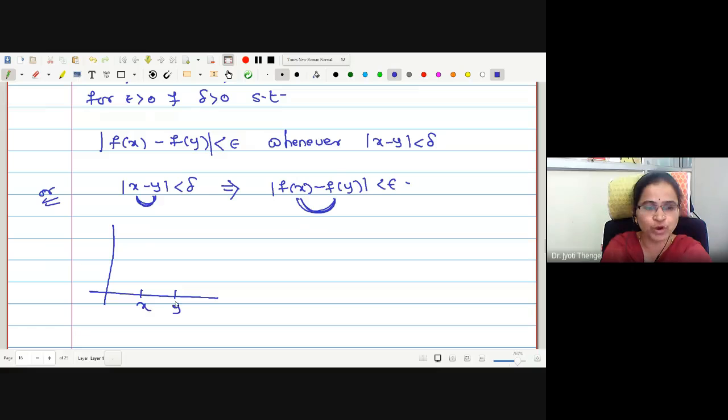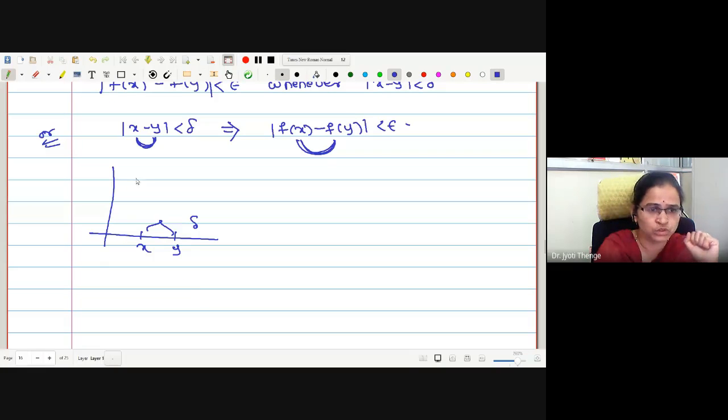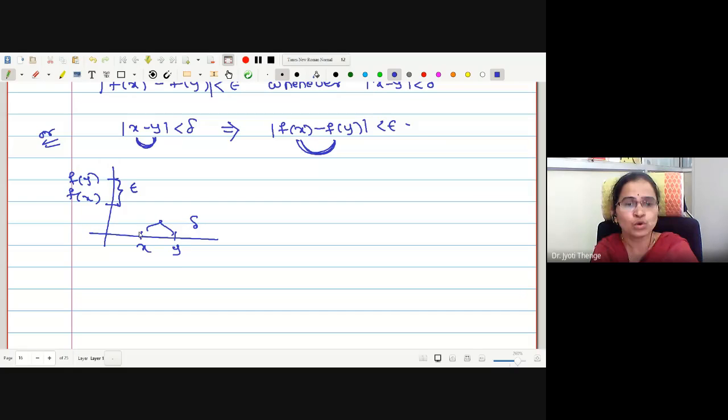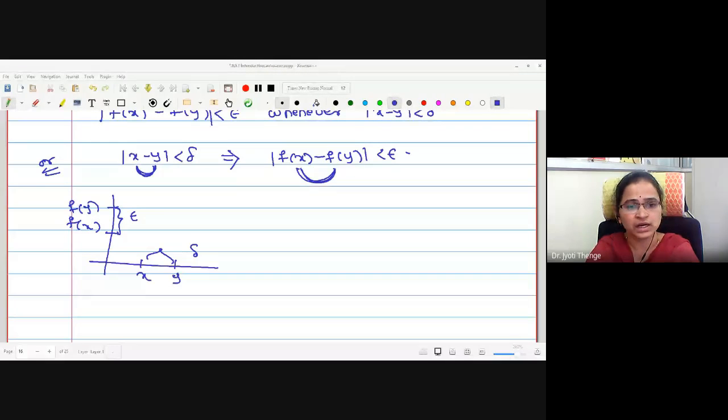Whenever I have 2 points x and y on the x-axis, and whenever the distance is less than delta, the points are coming closer and closer, then the corresponding f images, f of x and f of y, the difference should be less than epsilon. That is, these 2 points should come closer and closer, and whenever this situation holds, we can say that the function is uniformly continuous.